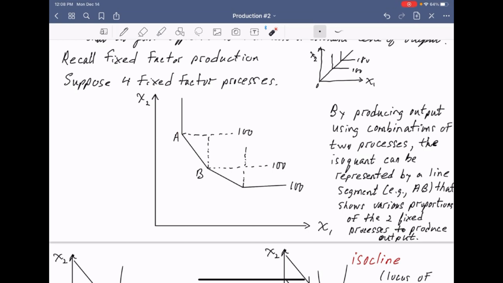For example, A and B represents using this production technology here and this production technology here, both of which give you 100 units. And anything along this stretch here, AB, is simply a combination of this process and this one. And likewise on this section here, it's a combination of this process and this process.